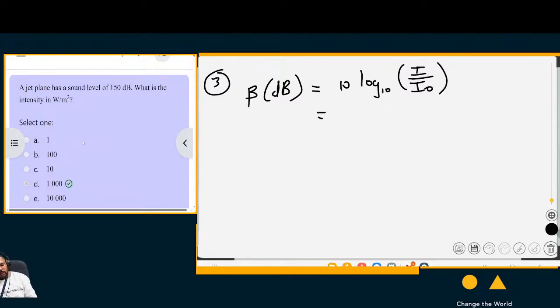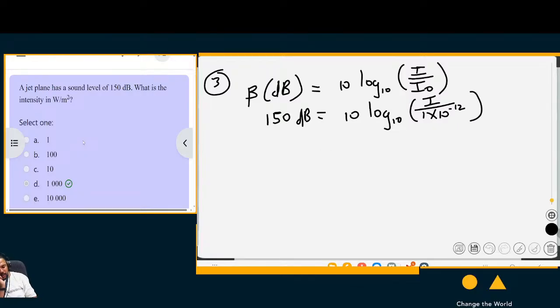This formula is in your book. We know that this one is 150 decibels. That is 10 log base 10 of I, the intensity we want, and the threshold of hearing we know is 1 times 10 to the negative 12.